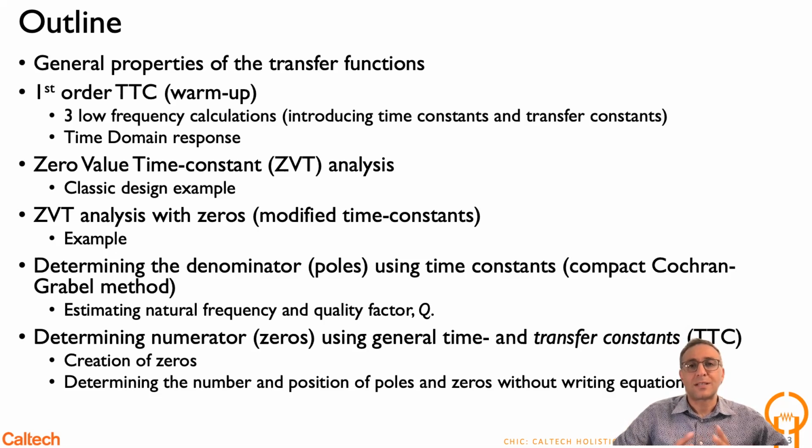Then we'll see that all of this leads to a very natural way of looking at circuits like the ones we saw in the previous slide, and very quickly being able to tell how many zeros and how many poles there are and where they are, without even writing a single equation if you don't want to. And if you want to write equations, they're very simple equations that allow you to determine it to any degree of accuracy.